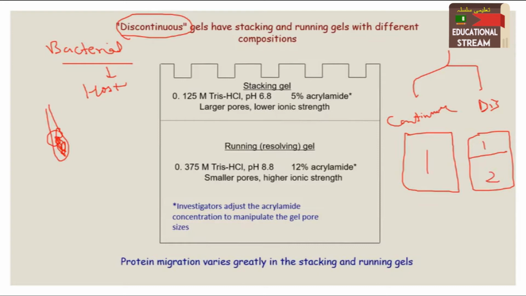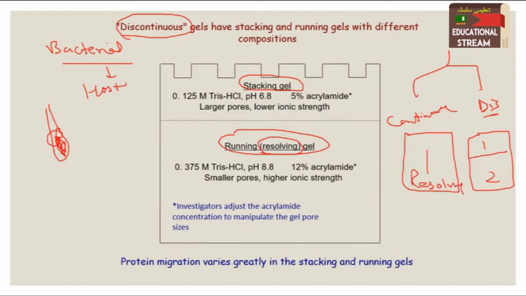When we say discontinuous gel, we are using two types of gel, and we call the upper one the stacking gel and the lower one the running gel, also known as the resolving gel. In case of continuous gel, we use only resolving gel. For that purpose, we are not preparing any stacking gel.